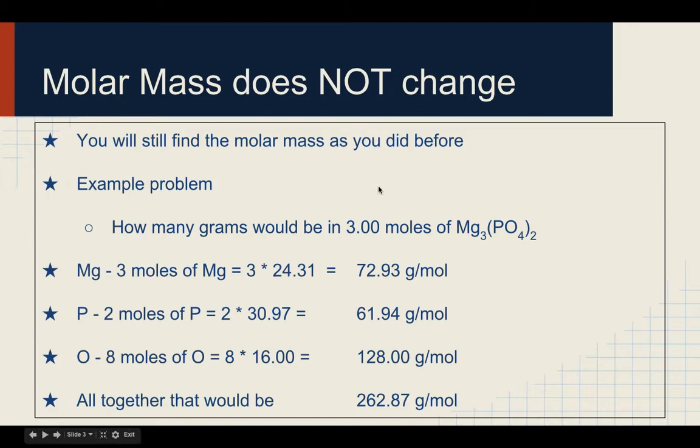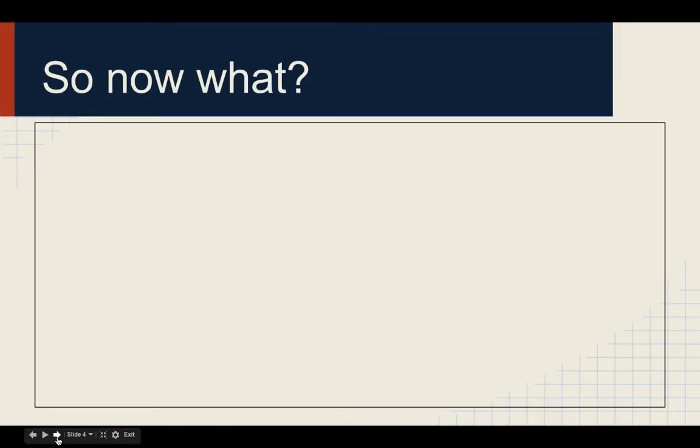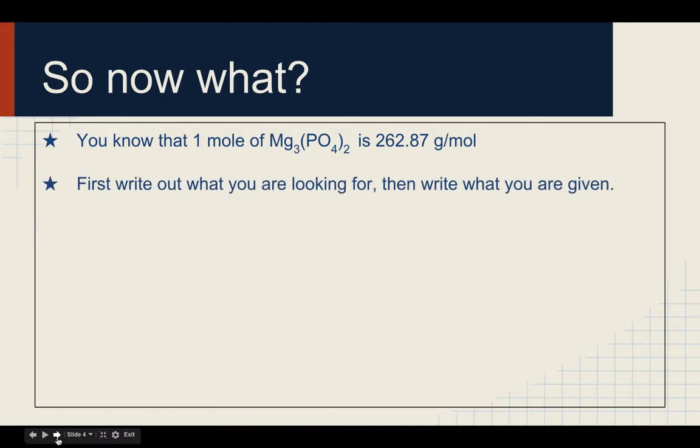Now the question is, how many grams are going to be in 3 moles? Now obviously, mathematically, we could just multiply it by 3, but there's going to be times when it's not so easy, so we have to go in a step-by-step fashion. So now what? Well, first, we know that 1 mole of Mg3(PO4)2 is 262.87 grams per mole. So if you take what you're looking for and write what you're given, we can take a look at our first step.